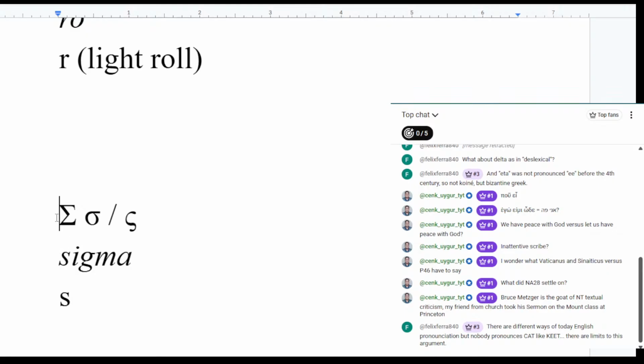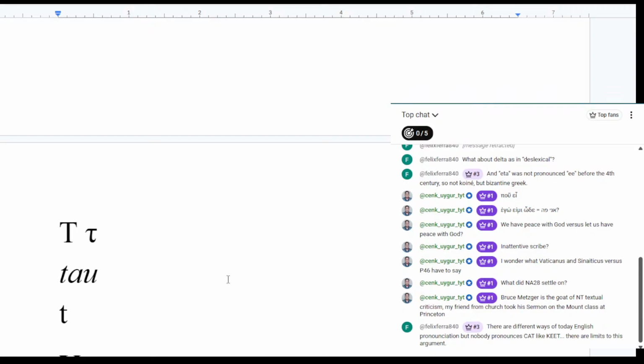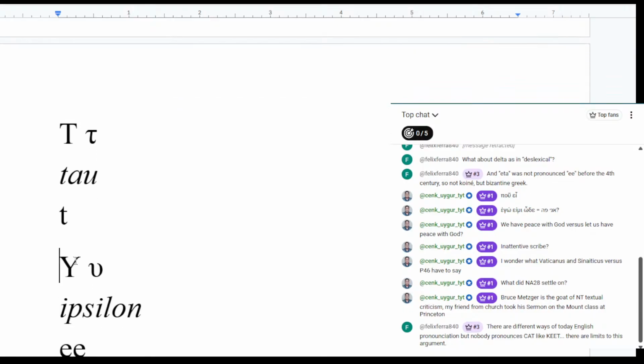And then we have sigma, which the uncial looks like this. At the beginning or in the middle of a word written in minuscule, it's going to look like that, but at the end of a word in minuscules, it'll look like that, which corresponds more to the English S. Then we have tau.